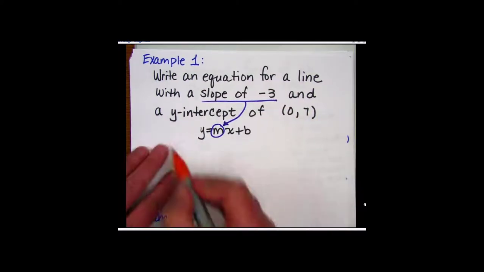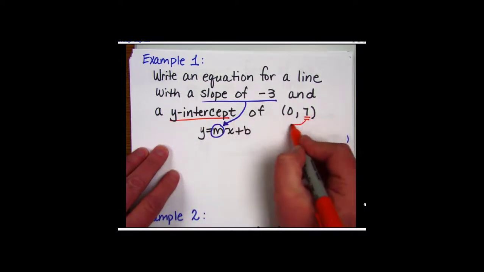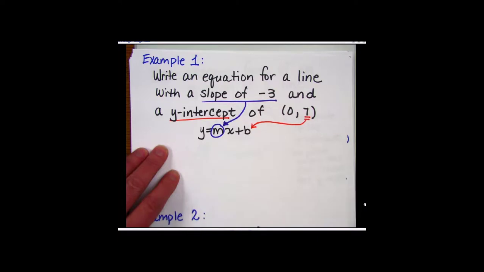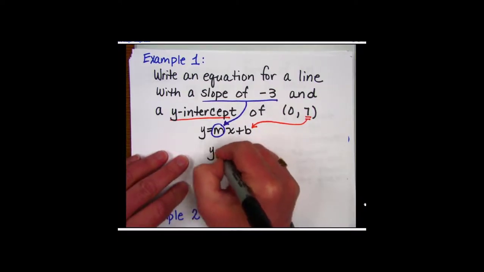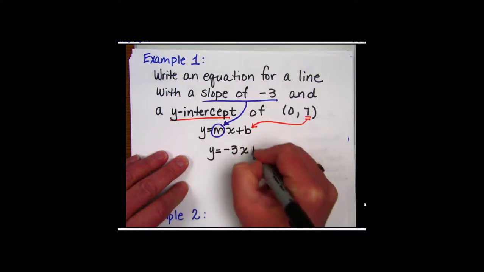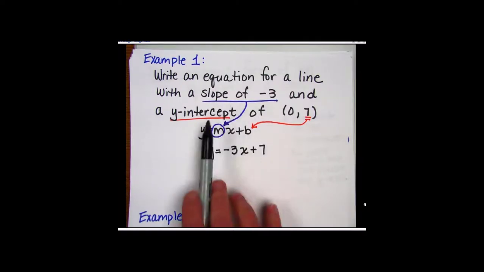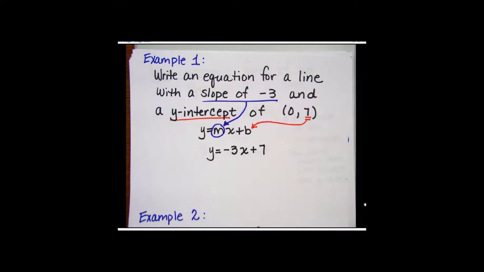And they tell me a y-intercept of 0, 7. We're going to take the y coordinate. Don't overcomplicate this. That's going to go in for b. And so I can write this equation pretty simply as y equals -3x plus 7. And now again, remember, they have to give me the slope and they have to give me the y-intercept.